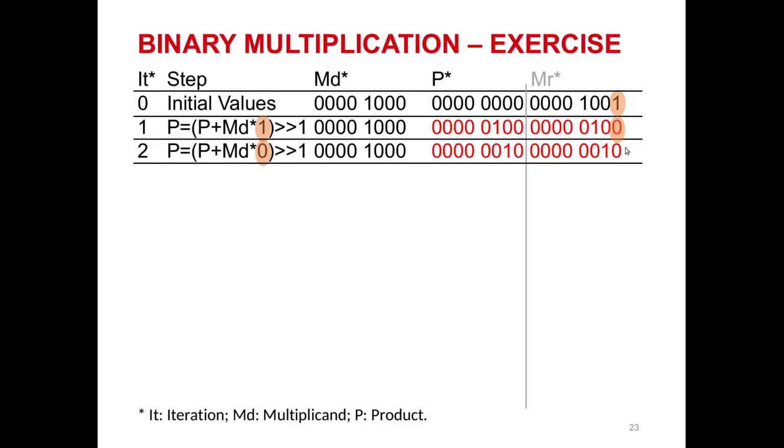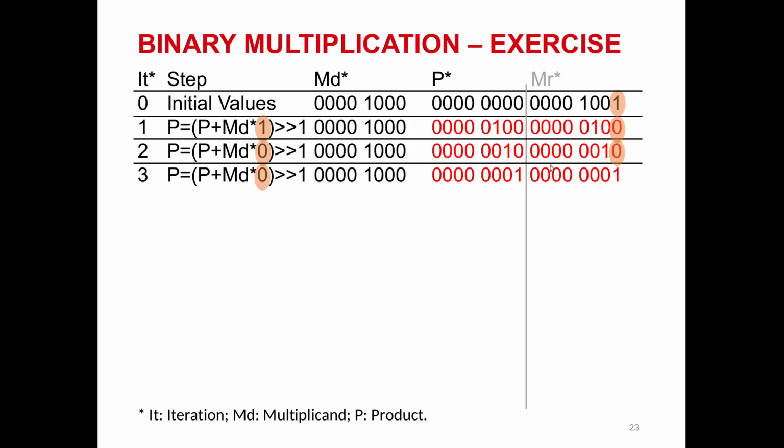And again we can see that we have value 0 here, so in the next step we will multiply MD with 0 and add it with the higher part, or the most significant 8 bits, of the product, and then shift the result to the right for 1 more bit.